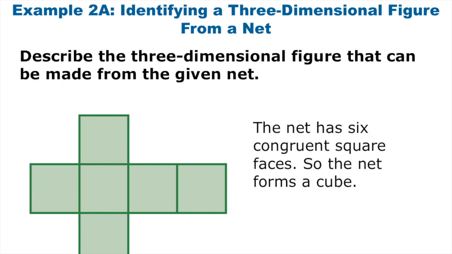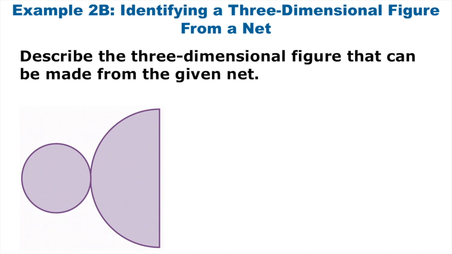In this example, we have a circle and a half of a circle. So the only shapes that I know of that have circles are going to be a cylinder and a cone. I know that a cylinder has to have 2 circular bases, and since this one only has 1 circular base, I know that it has to be a cone.